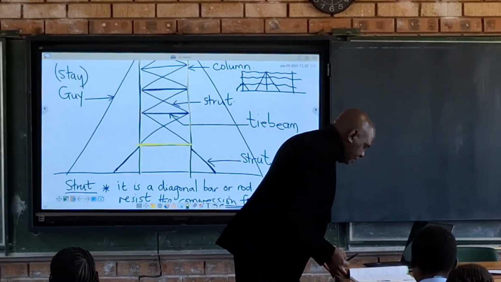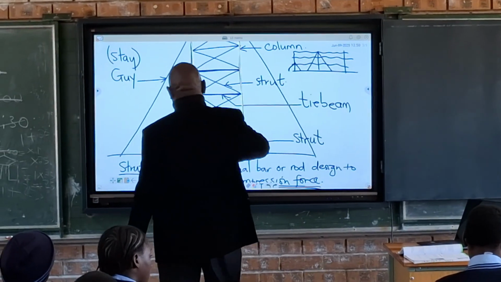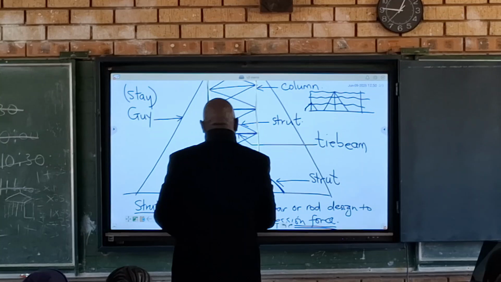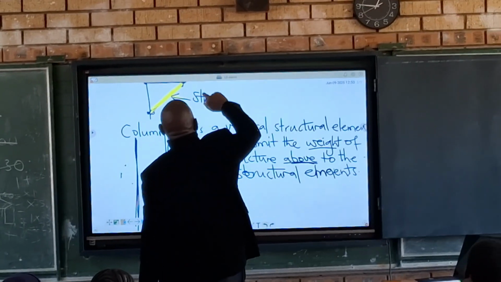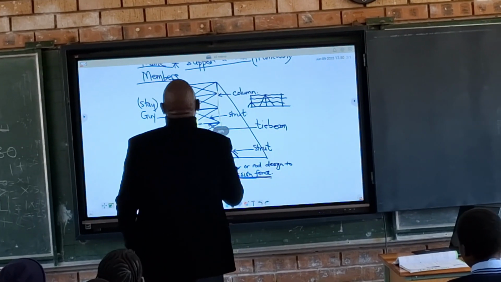Then the last one, the guy. And then I'll finish my story now. Can I go to the guy? Yes. All right. Let me explain it here. What is a guy?